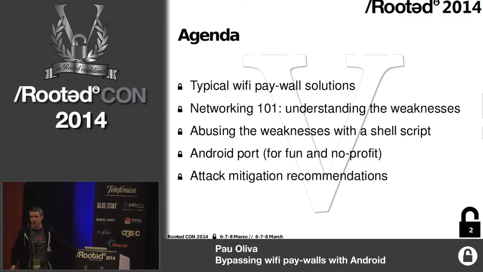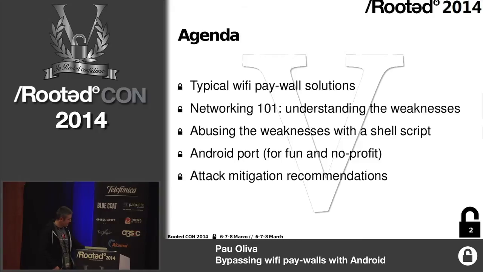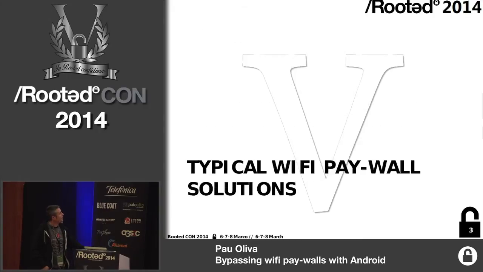Once we know how hotspots work, we need to understand their vulnerabilities and how to jump off the captive portal with a shell script, and how to port the shell script to Android for fun and non-profit. Then some attack mitigation recommendations. Let's move on to the next slide.